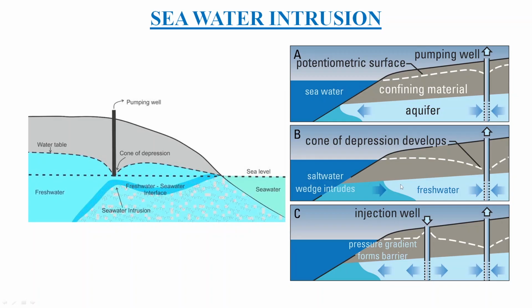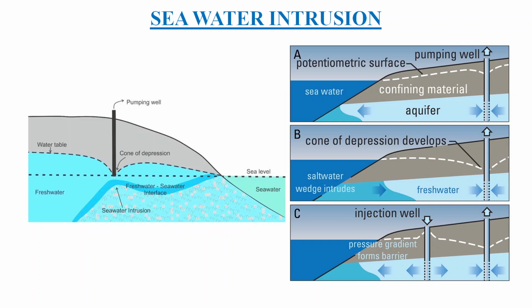So unless you have a very good recharge mechanism in this kind of area, the depletion of freshwater aquifers in the coastal region is very fast, leading to this mechanism of seawater intrusion, where seawater is intruding within the aquifer system in the coastal area.